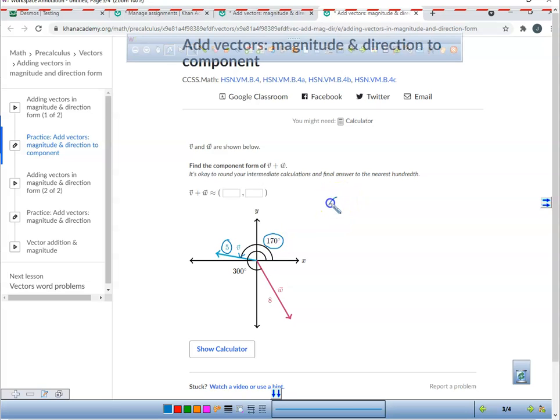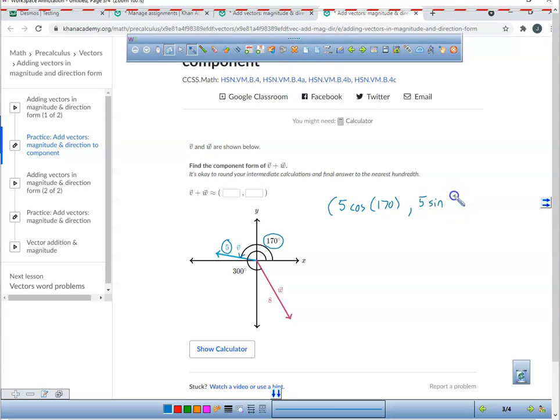170. So for the blue component, for the x component, you're going to put 5 cosine 170 and then 5 sine 170.